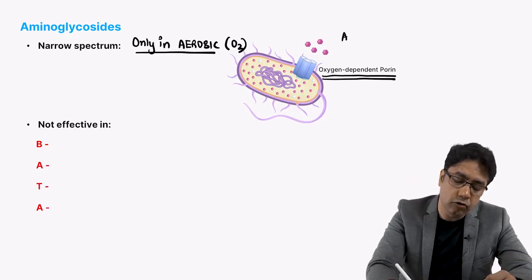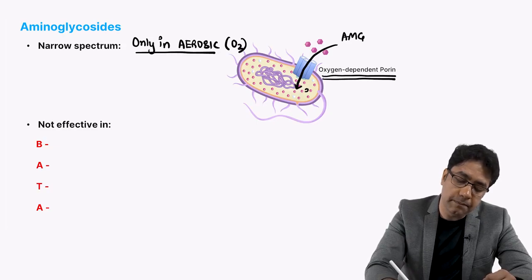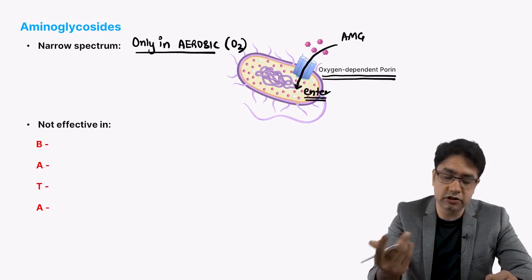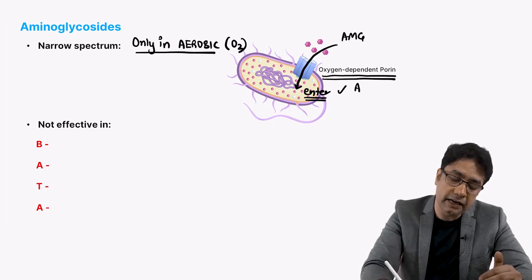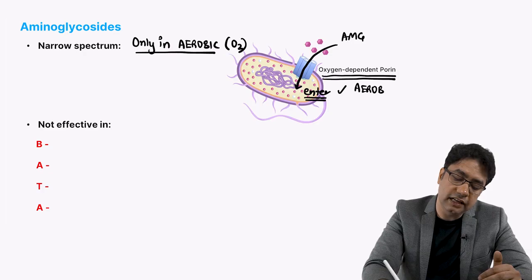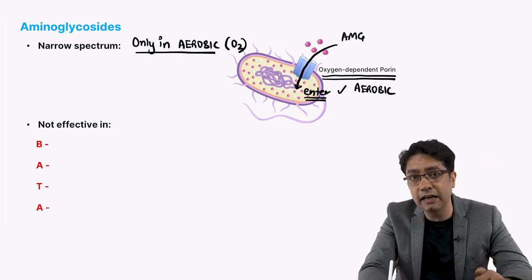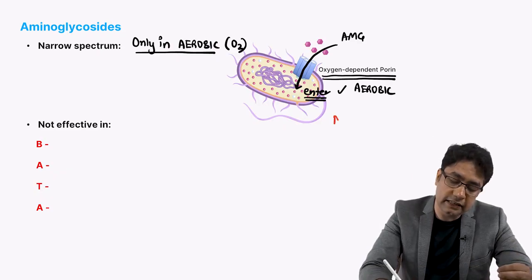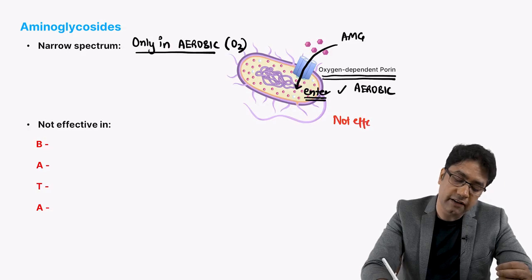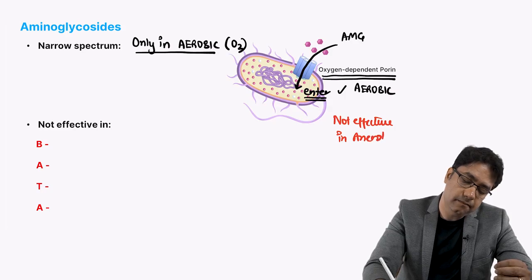When we give aminoglycoside, it enters into the bacteria with the help of oxygen dependent porin channel, which is only present in aerobic bacteria. Do you think this channel will be present in anaerobic bacteria? The answer is no. That is why aminoglycosides, they are not effective in anaerobic bacteria.